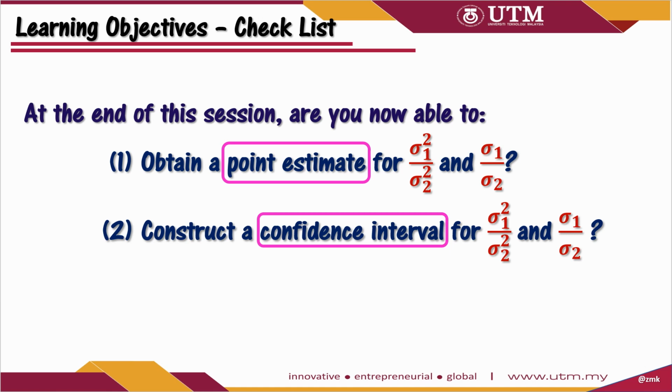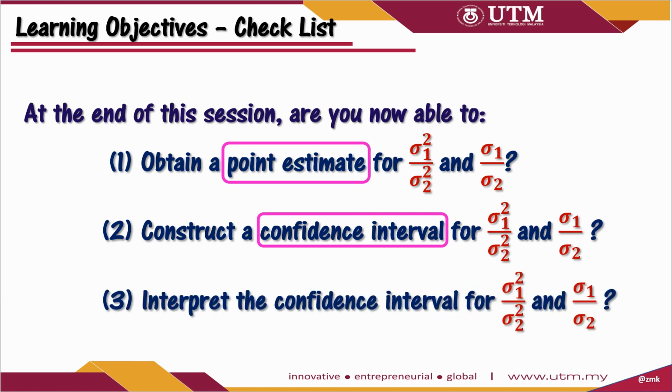No Z-score, no T-score, neither a chi-square score. It is only F-score in this topic. Two important assumptions underlying this topic are: first, the data are assumed to be normally distributed, and second, the two populations are assumed to be independent.